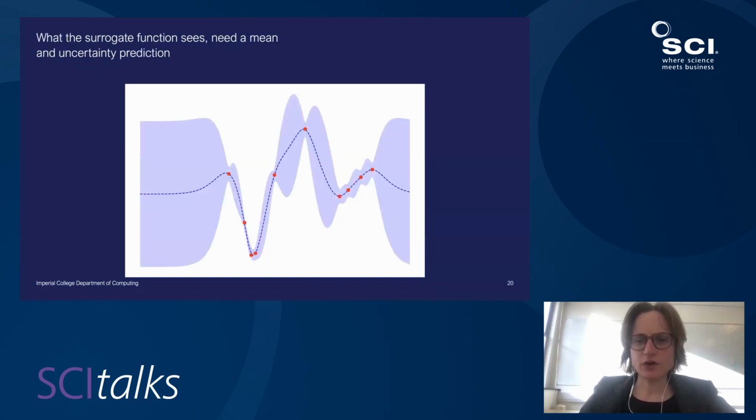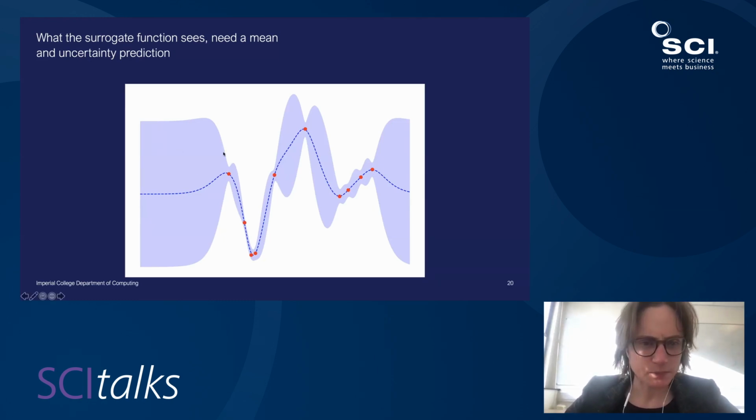What these surrogate models will do is that they will come along and they will estimate a mean function. So here that is the blue dotted line. My blue dotted line is, in this case, matching the function at the red points. That is a specific choice. It wouldn't necessarily have to do that.